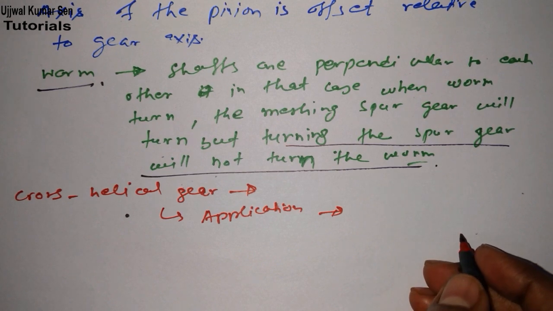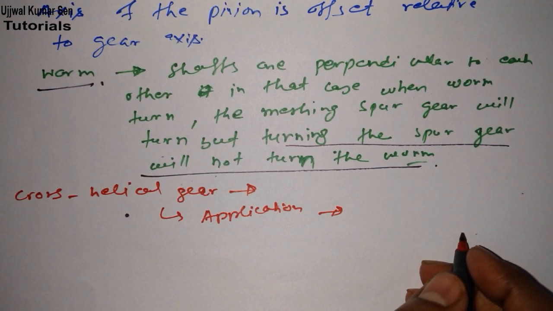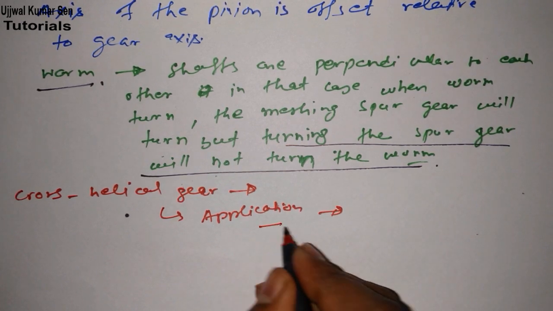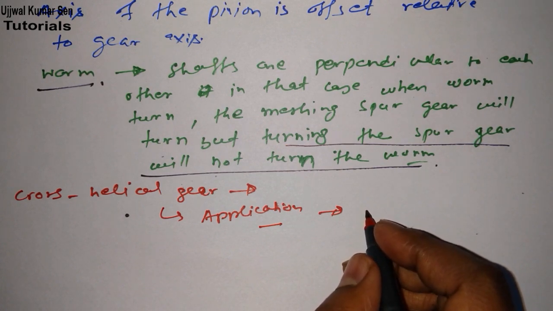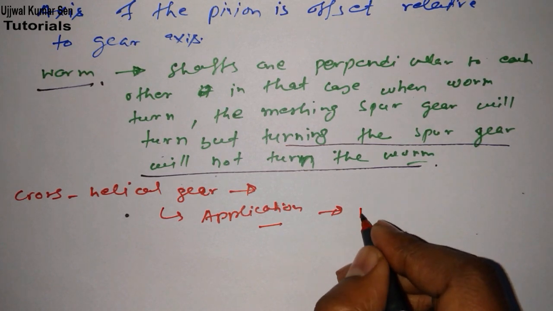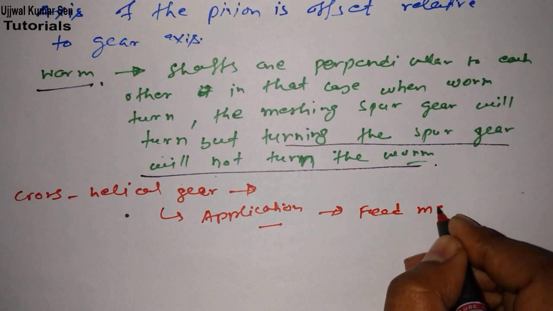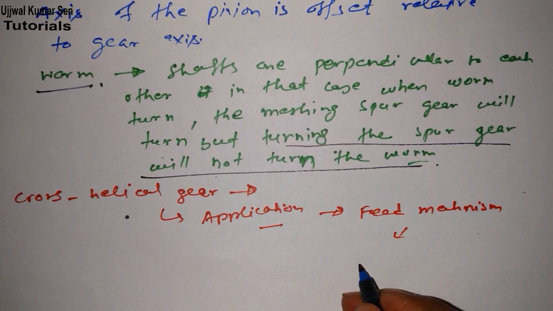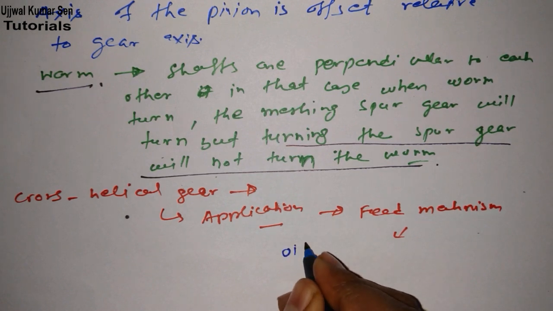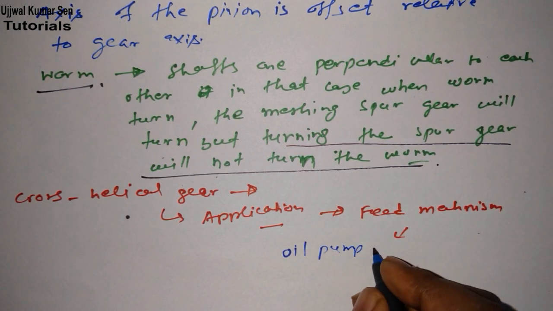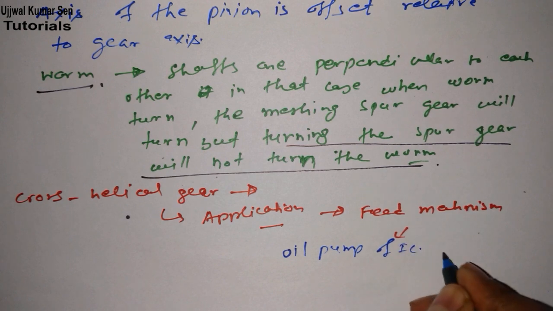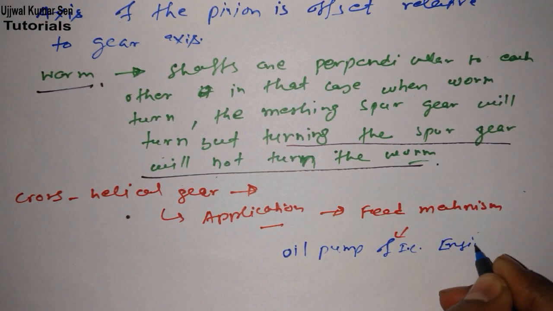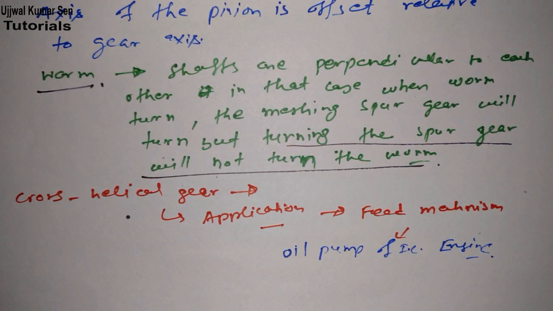But if you are preparing for competitive examination, then you need to learn where we can use this type of gear. The application of this gear is the feed mechanism, for example the well pump of an IC engine. So this is about it.